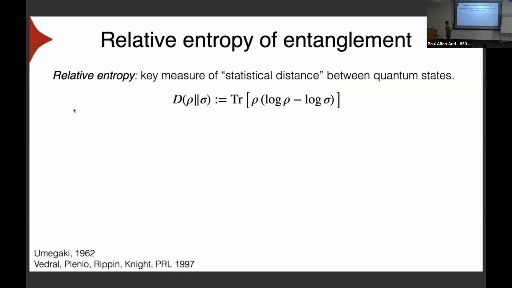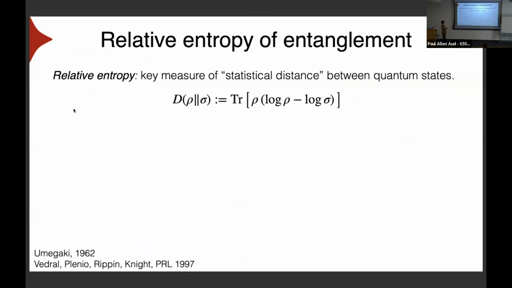Okay, so I have to make a small detour and introduce another measure of entanglement, a very famous one, the relative entropy of entanglement. First of all, the relative entropy. What is the relative entropy? Well, it's a measure of statistical distance between quantum states. It was introduced by Umegaki in 1962, and it has since become the parent quantity for all quantum information quantities that we all care about, like mutual information, coherent information, conditional entropy.